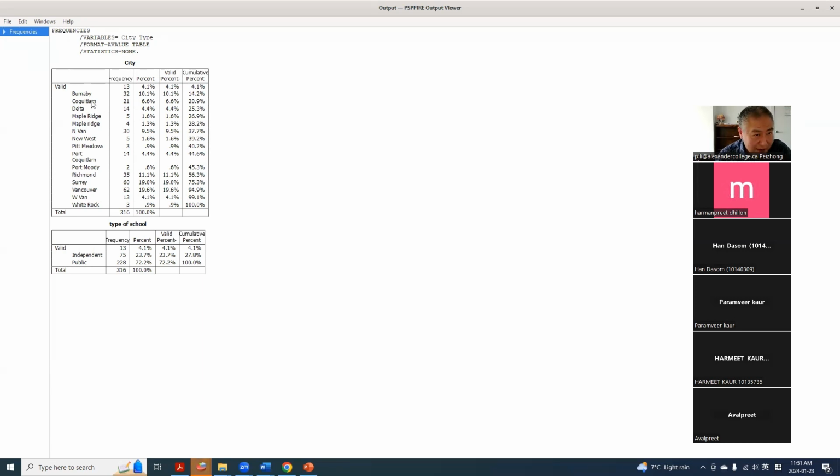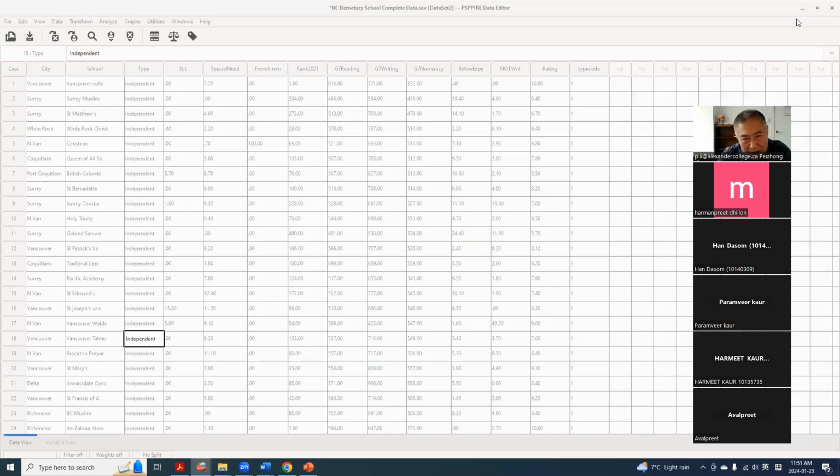Frequency means how many times you get a school from Burnaby, 32. And then here, type of school. Independent schools, oh, I have 13 that is invalid, so I must have entered the data wrong. So independent schools, 75. And public schools, 228. So most people go to public schools.